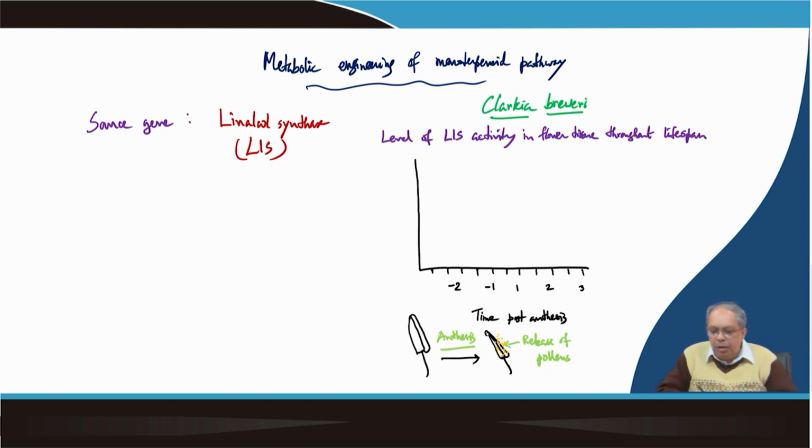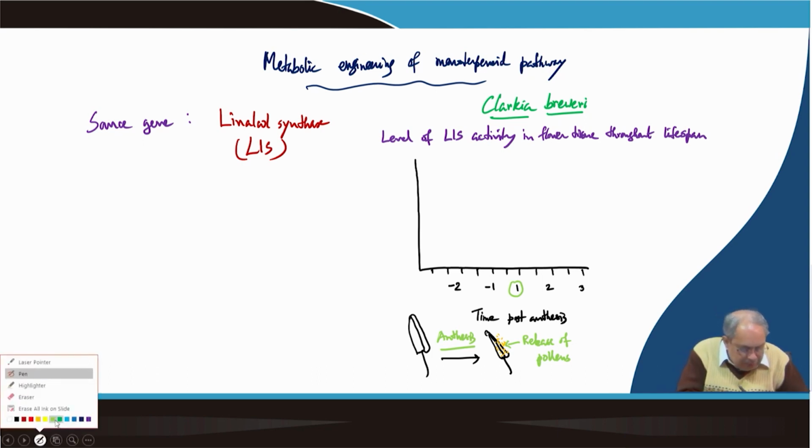So, time post anthesis means that at 1 it is the time when the anther bursts and releases the pollen, and that is the time also the petal opens. That means the bud matures and fully blooms, and these are the points where the linalool synthase activity was measured.